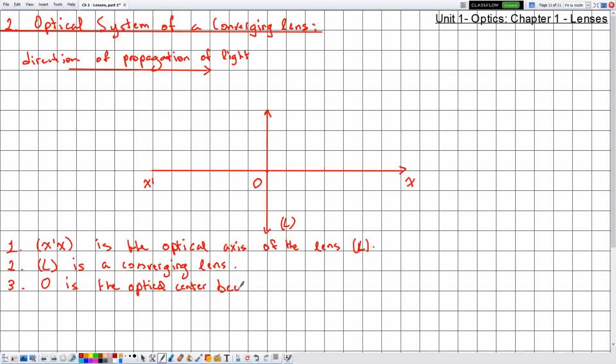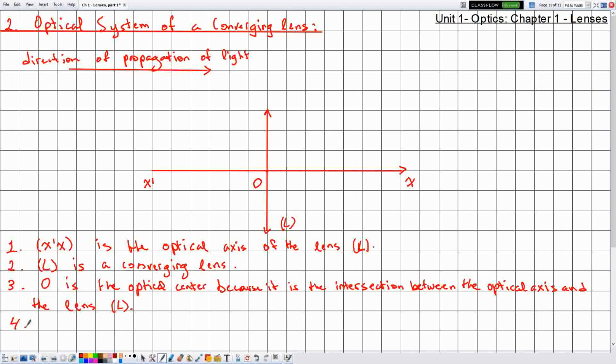Because it is the intersection between the optical axis and the lens L. Therefore, whenever they ask us why O is the optical center, the answer would be because it's the intersection between the optical axis and the lens L. So this statement is very important, okay?